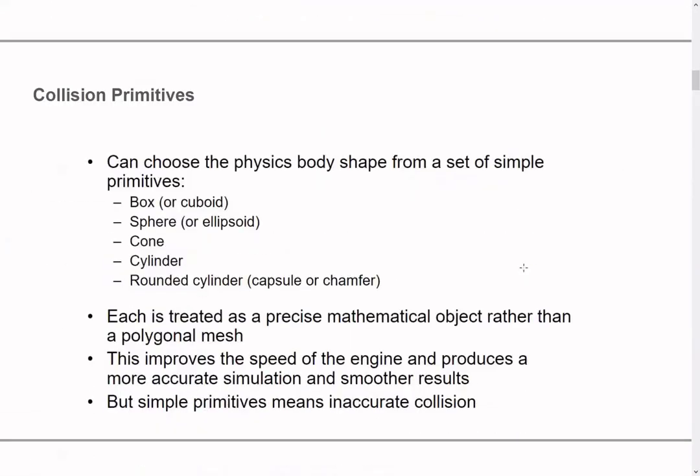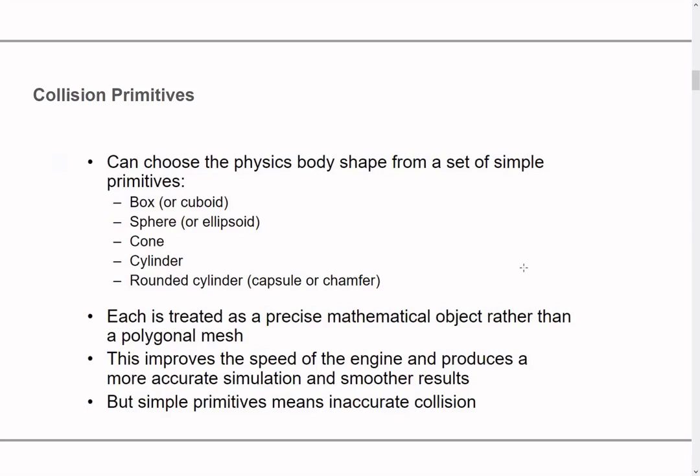Now let's look at collision primitives. So we can choose the physics body shape from a given set of primitives. The primitives usually are a box or a cuboid, a sphere, a cone, a cylinder, etc. So out of these simple primitives, we can choose the physics body shape of the body that we are going to model.